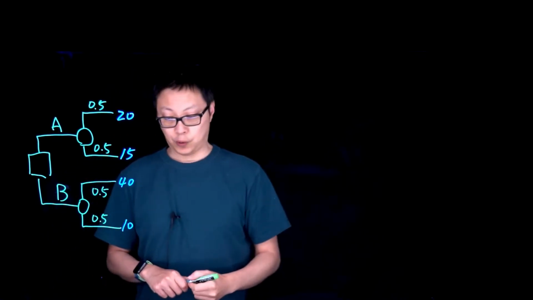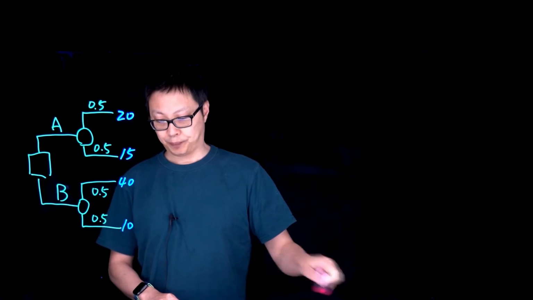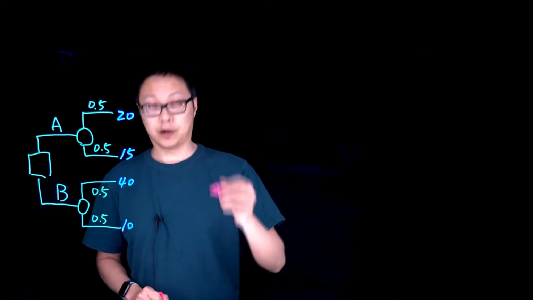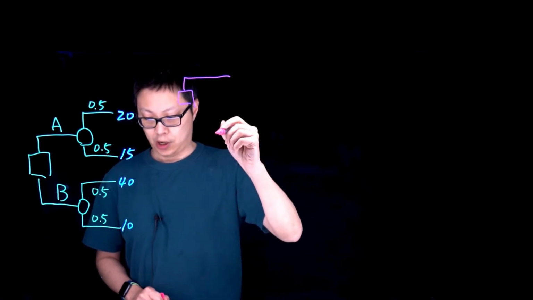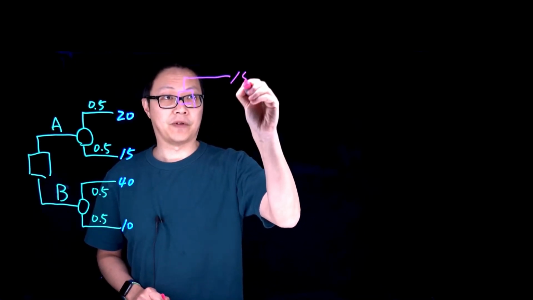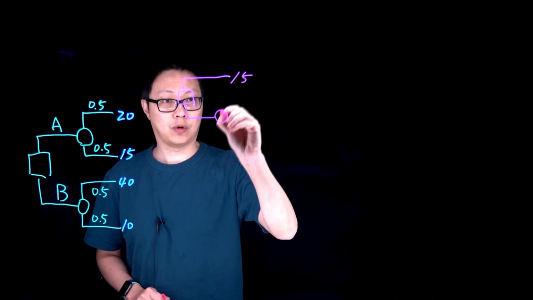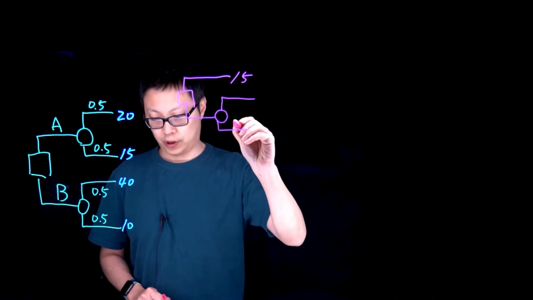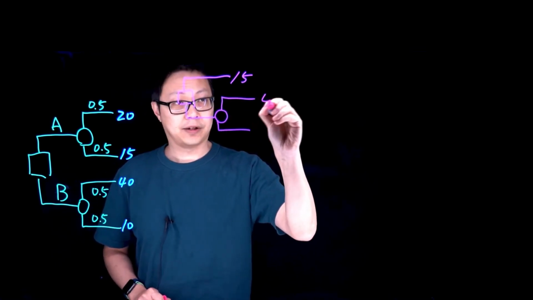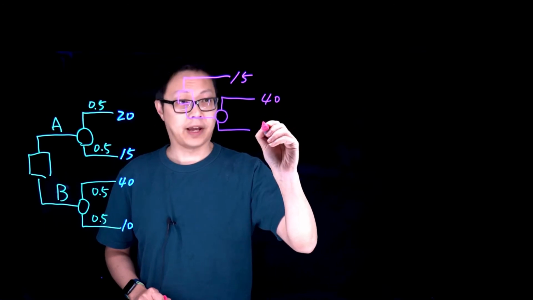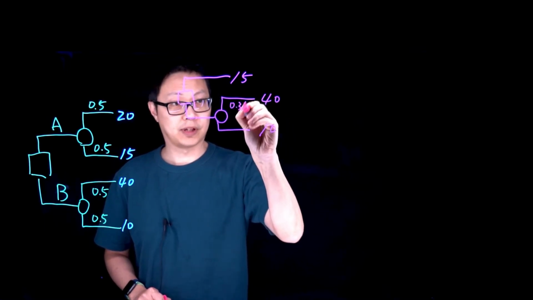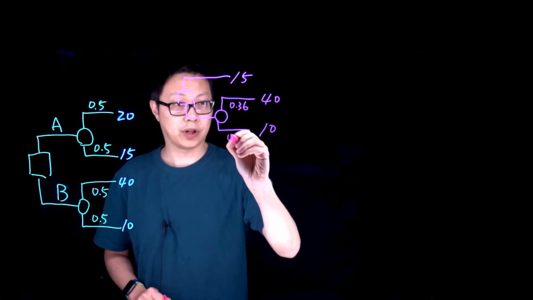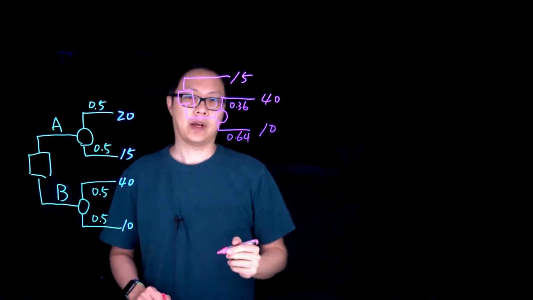In addition, we know that the decision maker will be indifferent between these two, either $15 or $40 and $10. The probability for each will be 0.36 and 0.64.